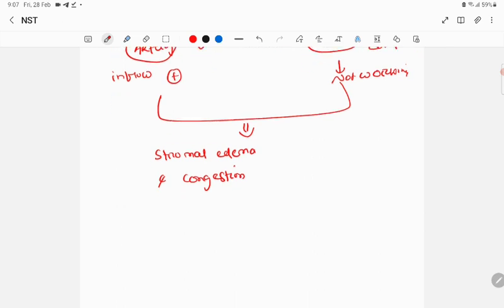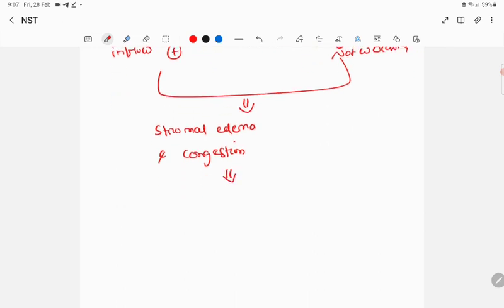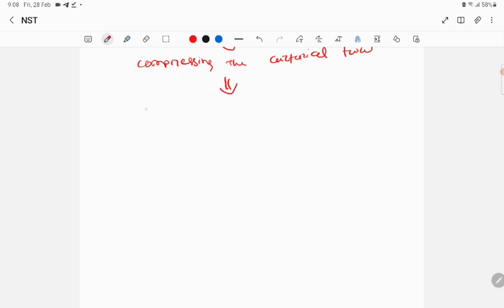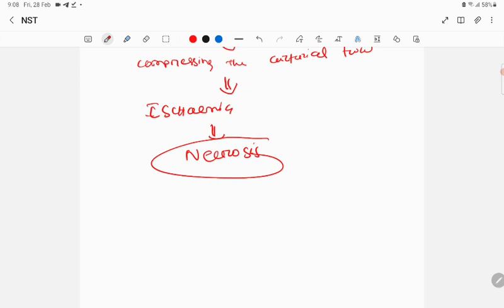Then the stromal edema continuously increases and later compresses the arterial flow, which causes ischemia that leads to necrosis. This is the pathophysiology.